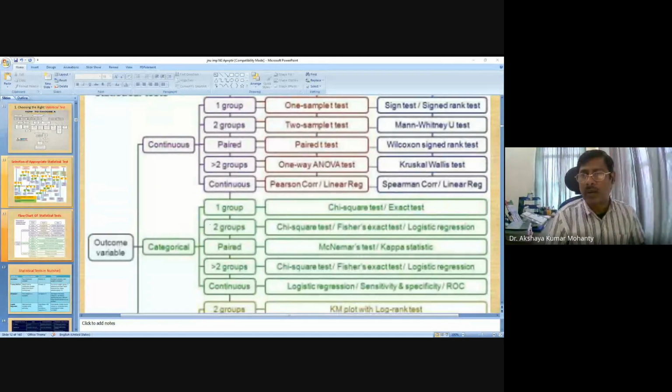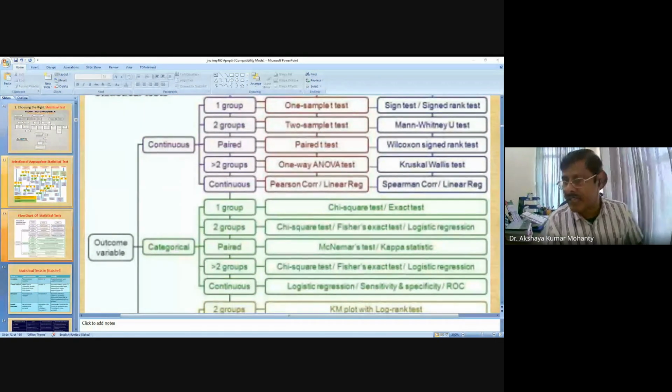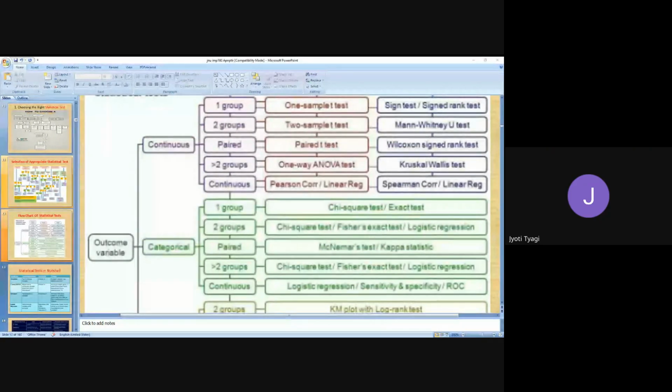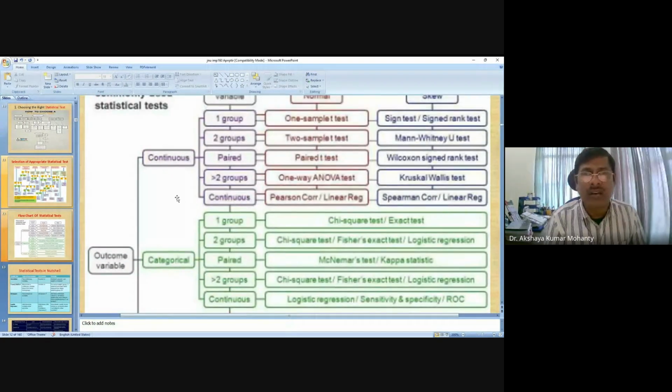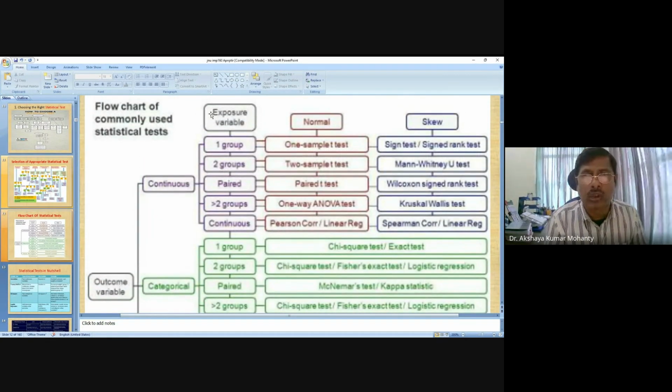So now you have seen that same thing I have done in the previous two slides. Yes or no? Yes. Only I made one difference. What is the difference? Here I put one exposure variable.